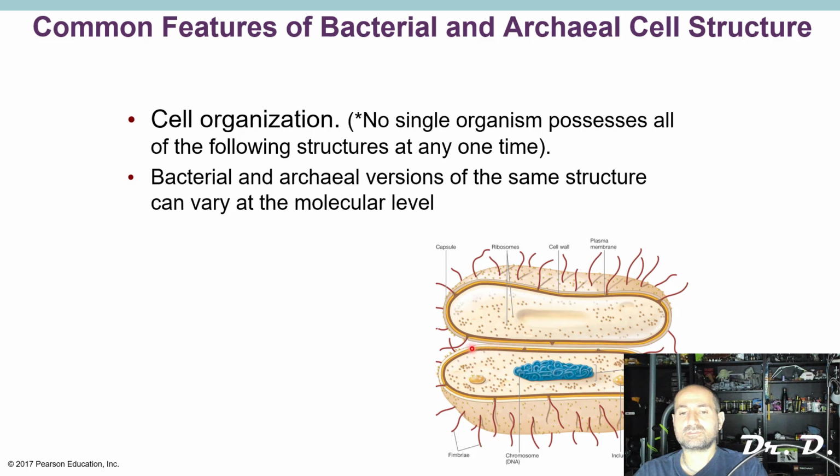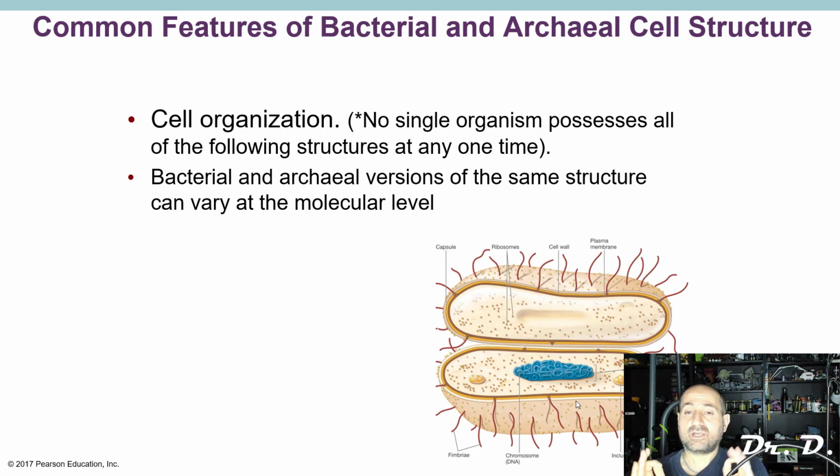And do you guys recall that we briefly mentioned in chapter 1 that the cell wall of a bacteria cell is composed of peptidoglycan, whereas the cell wall of archaea is not composed of peptidoglycan. I want you to know that eukaryotes do not have a cell wall of peptidoglycan.